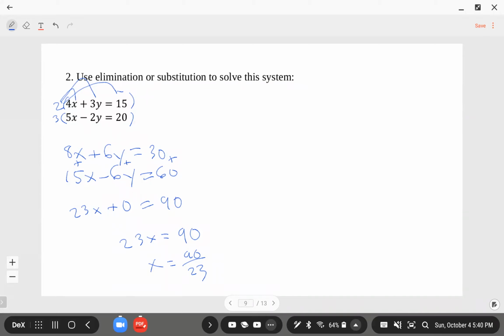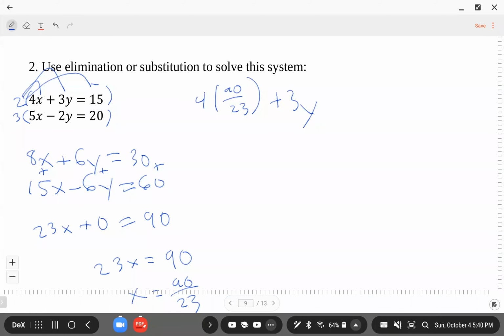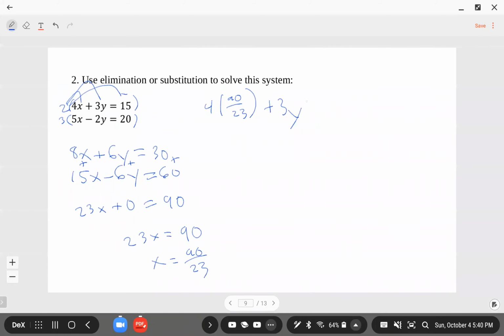And then now we find y. We can plug that in for x, right? So let's see, 4 times 90 over 23 plus 3y. Just plug that in because we already know what x is. We plug in 90 divided by 23 as x plus 3y equals 15.